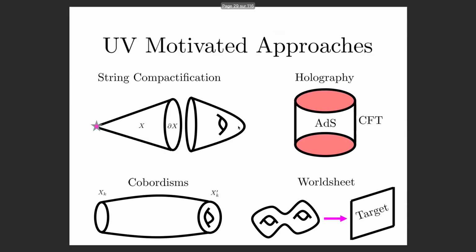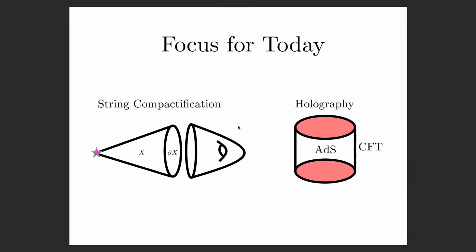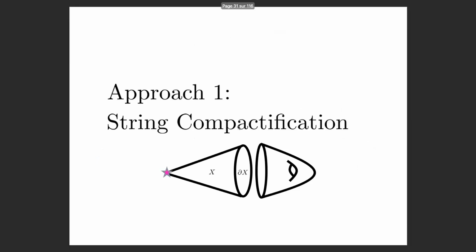So today I'm just going to focus on these two. You should use this as motivation for what I'm going to do over here. This is how we saw a bunch of these structures emerge, and then we wanted to ask the question more broadly outside of the world of string thinking.